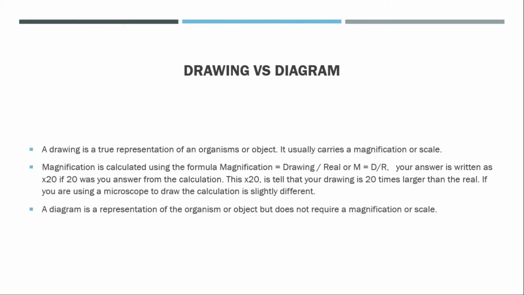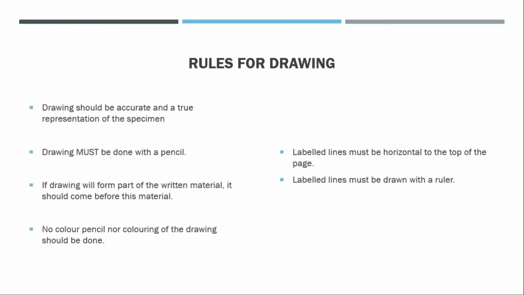And your answer must be written as X, whatever number you got when you did that division. The X must precede the number. Alright? A diagram, I said before, does not require a magnification, and we usually have a diagram coming right after our procedure, but of course before we get into the observation.